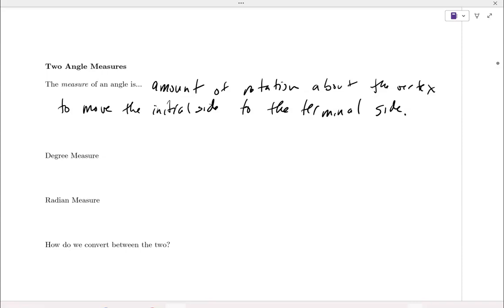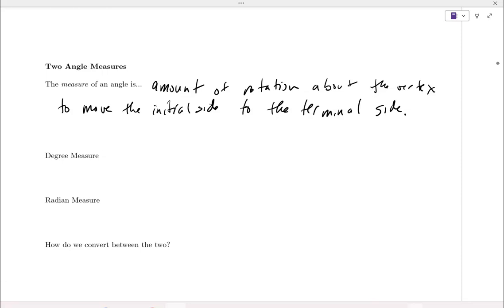Calculus is the beginning of analysis. Calculus wants to talk about how things change, how functions change. To talk about how trig functions change, it's a lot easier to do it in radian measure than in degrees. That's why we're going to talk about most things in radians.